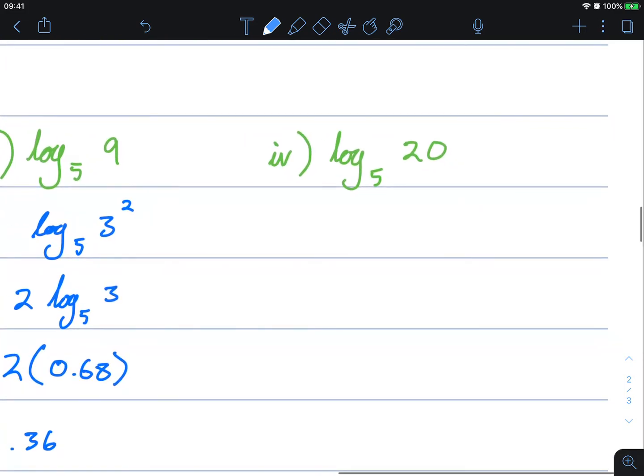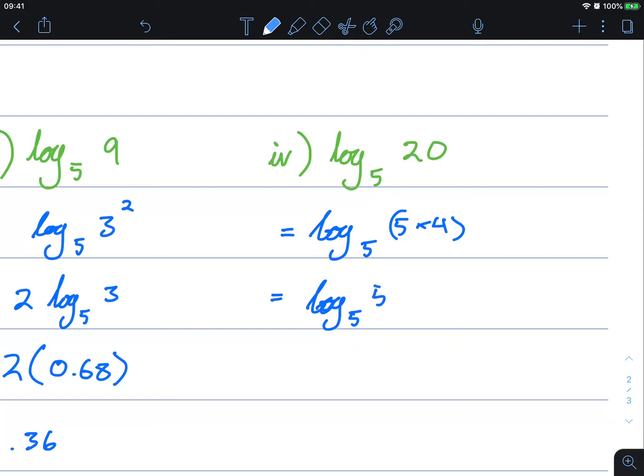One last one here. This is log base 5 of 20. This one we can change to become 5 times 4, which we can simplify to log base 5 of 5 plus log base 5 of 4.